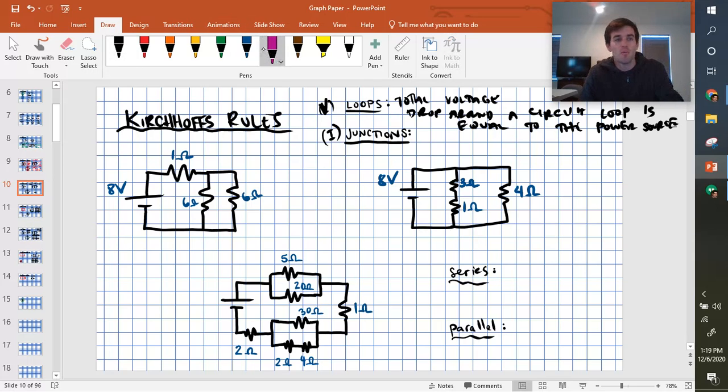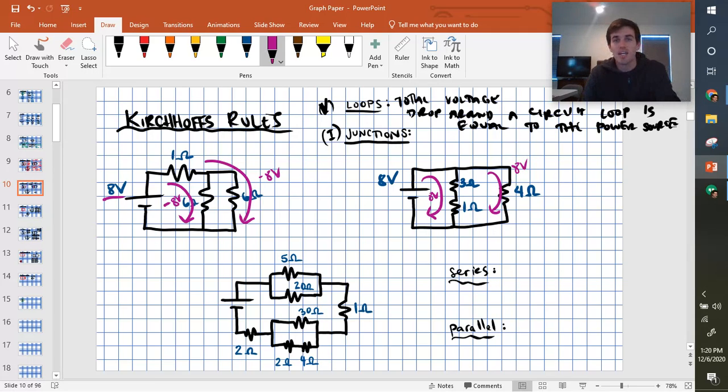So basically this means that if I have an 8-volt power source, then every loop that I take is going to use up all 8 volts. That means along this path here, I'm going to use 8 volts, and along this path here, I'm going to use up 8 volts. Along this path, I have to use up 8 volts, and along this path, I use up 8 volts.